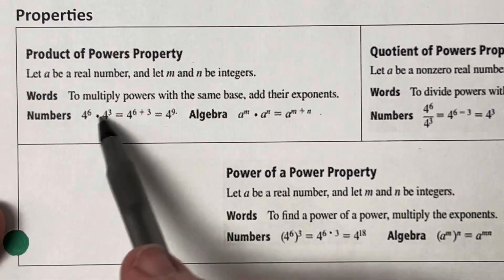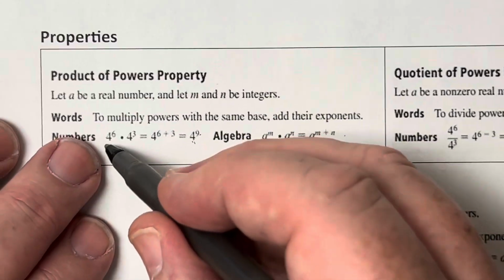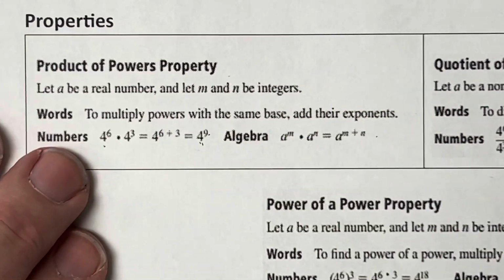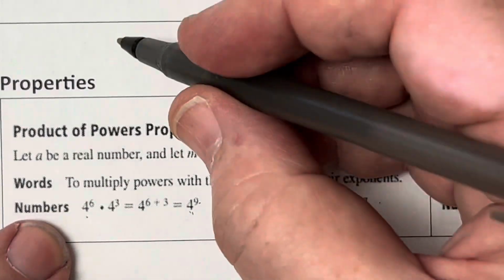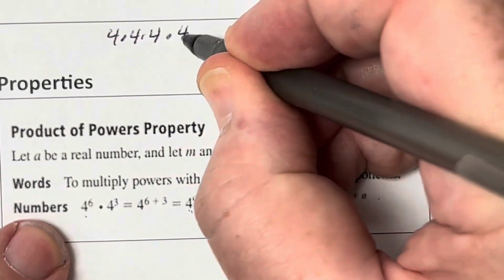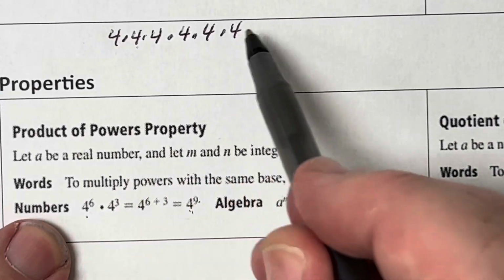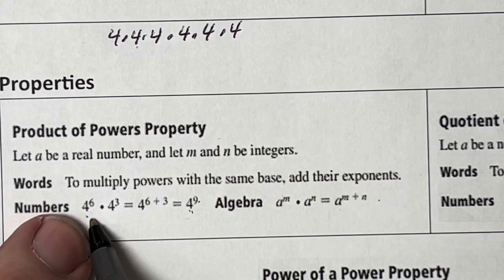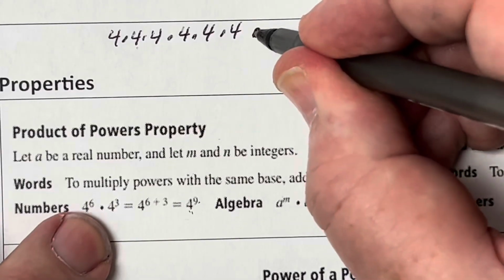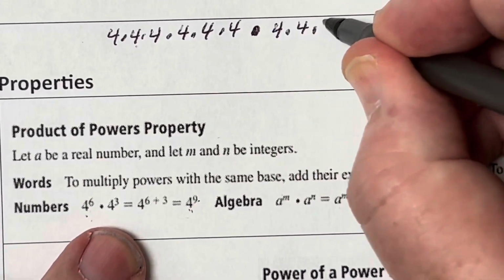And we can break this down and show how it does make sense too, because if we expand 4 to the 6th power, we can do that up here. We can do 4 times 4 times 4 times 4 times 4 times 4. So there's 1, 2, 3, 4, 5, 6. So that's 4 to the 6th power times 3 more 4s, 4 times 4 times 4.